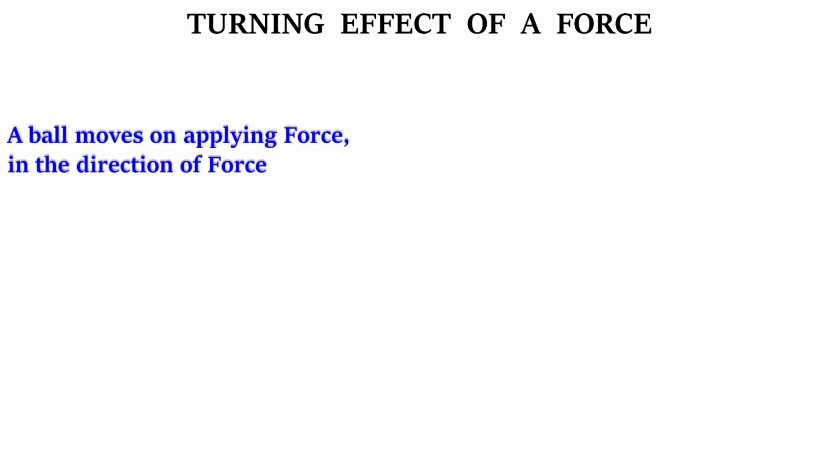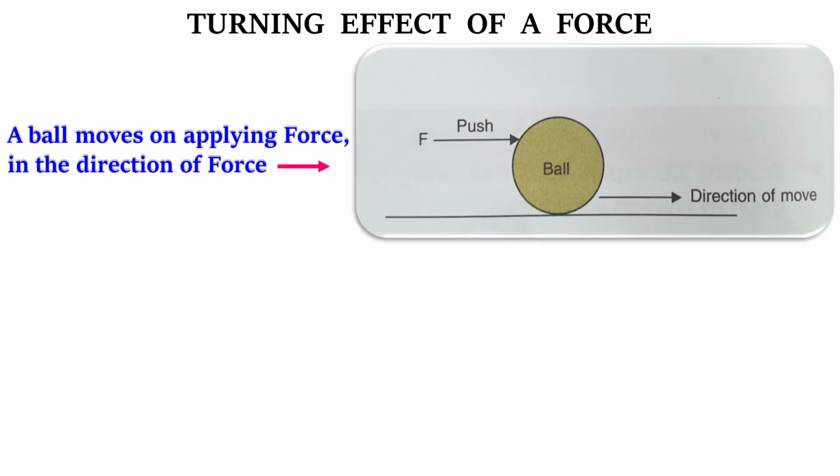See, here the first example shows a ball is moving by applying force, and the motion is in the direction of force. Here you can see a ball and the arrow mark, the direction of the push. Now you can see the direction of move is in the direction of force. The ball will move in the direction of force.